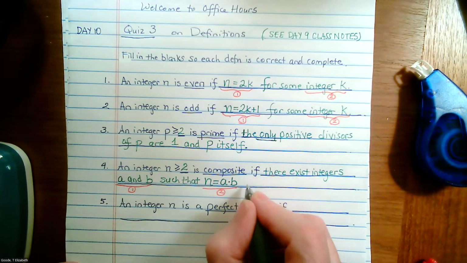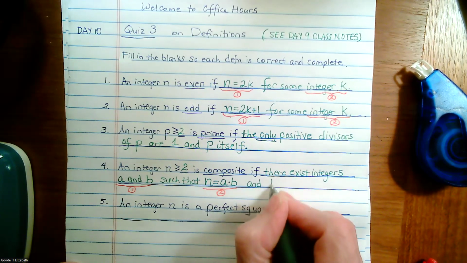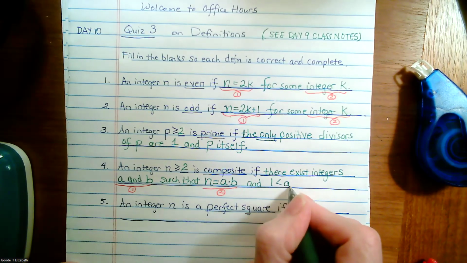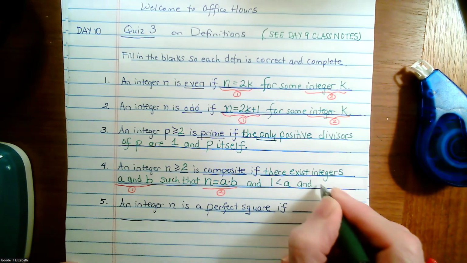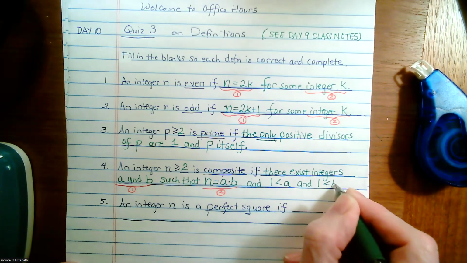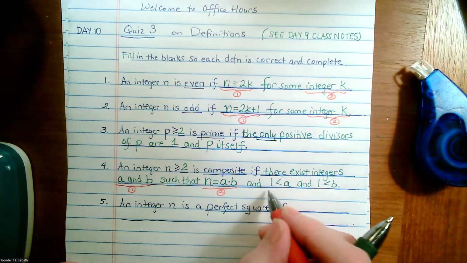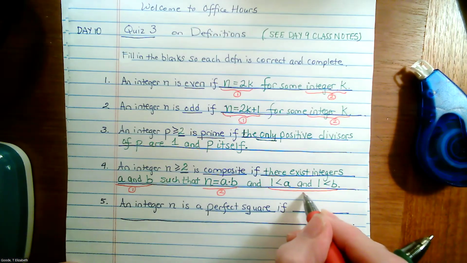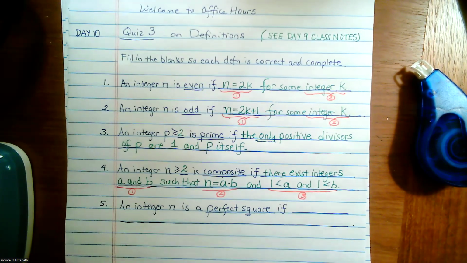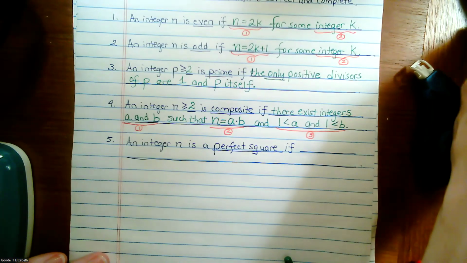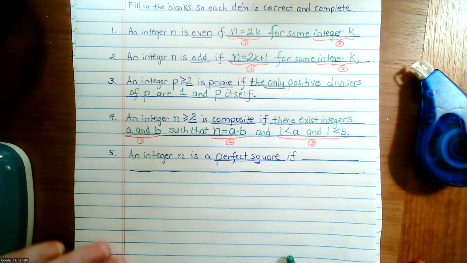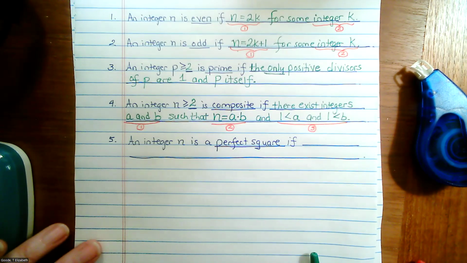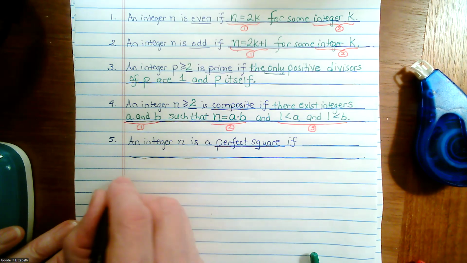and a little bit more. 1 needs to be strictly less than a, and also, 1 needs to be strictly less than b. Let's take a look down here at an example to help understand what's going on with prime and composite.